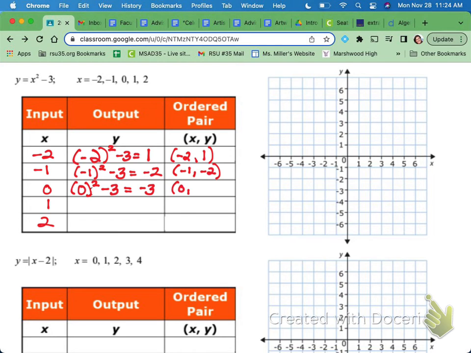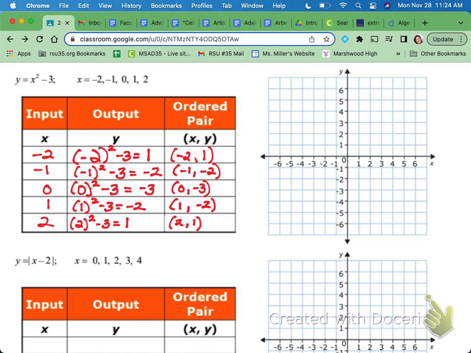So then we get 0, -3. What's next? 1 squared is 1, -3 is -2. So then we get 1, -2. And then 2 squared - 3 is 4 - 3, so 1. So 2, 1.